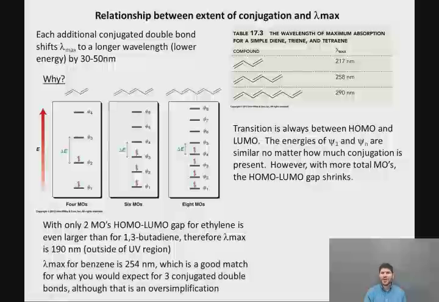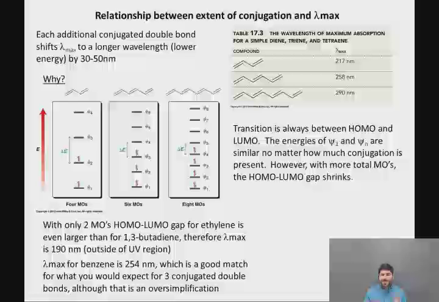Another important example of a molecule that's going to absorb in the ultraviolet is benzene, and its lambda max is 254 nanometers. The molecular orbital treatment of benzene is actually a little more complex than for a simple 1,3-diene or 1,3,5-triene, and we will get to that when we talk about aromaticity.